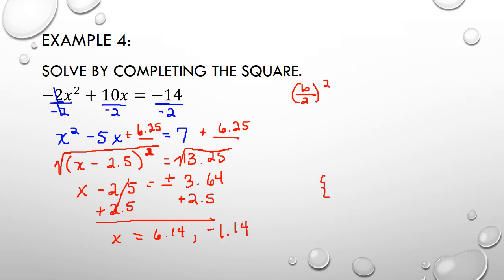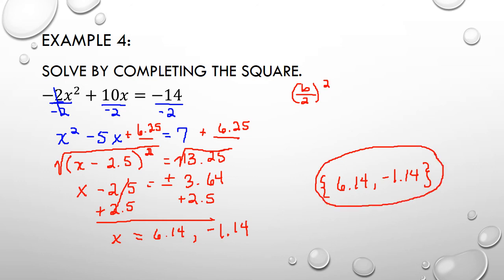So now notice on these problems where we get the decimal answers, those are ones that you could not solve by factoring. You would have to complete the square. So understand that if you got whole numbers for your solutions, you could have solved it by factoring.